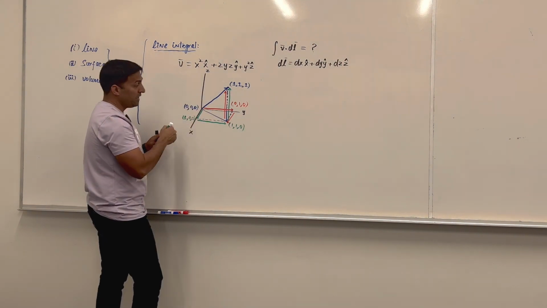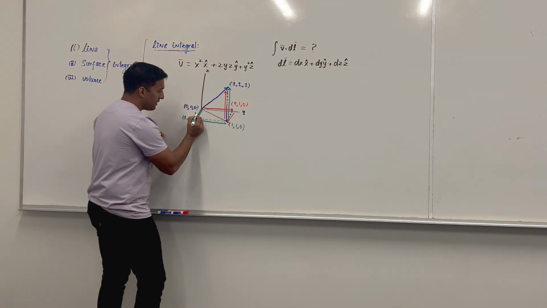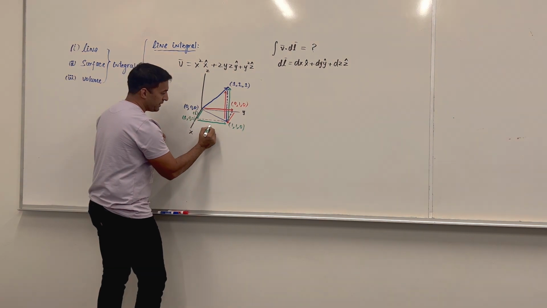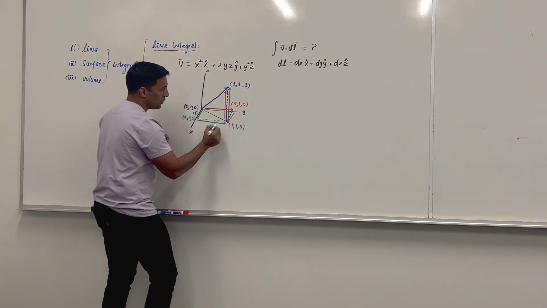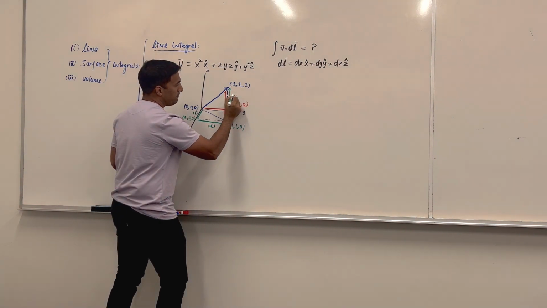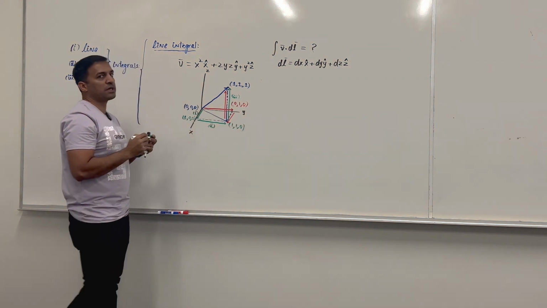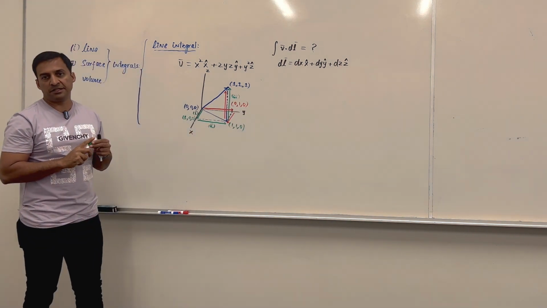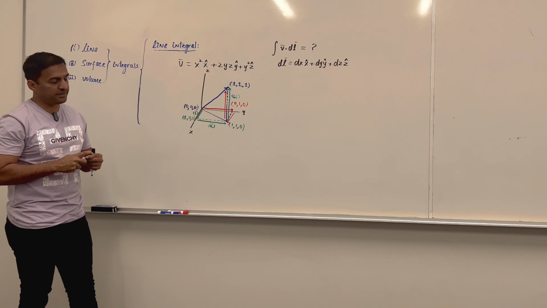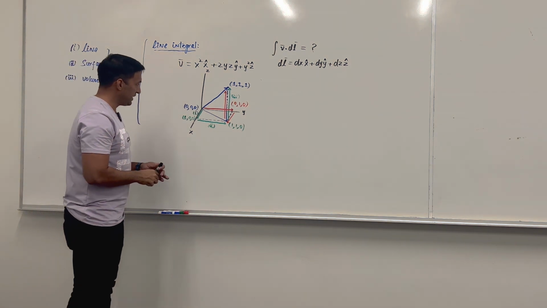We want to calculate the total line integral along this green path. You can divide this path into 3 parts. Let's call them 1, 2, and 3, which means that we have to calculate the line integral along these 3 paths, and then we'll add them to get the total line integral.